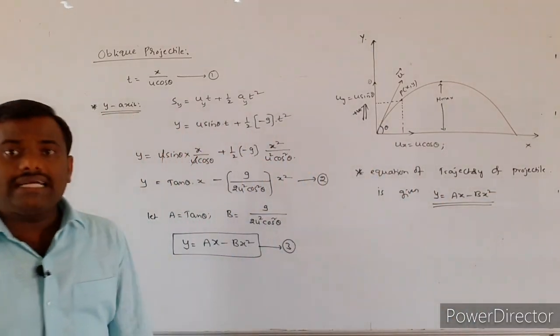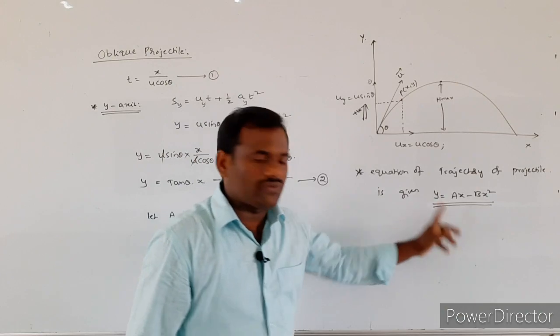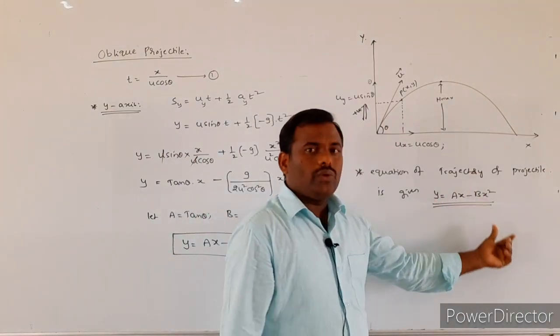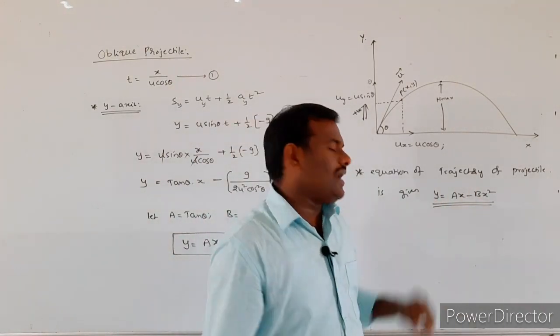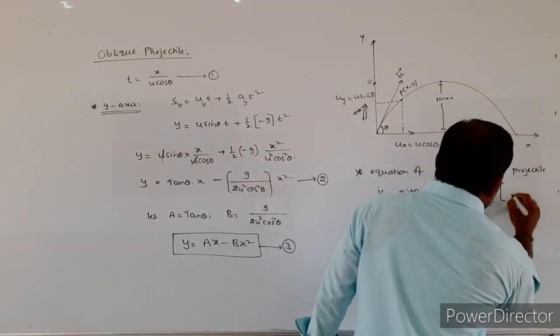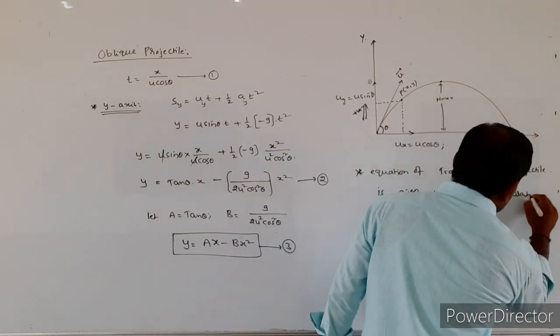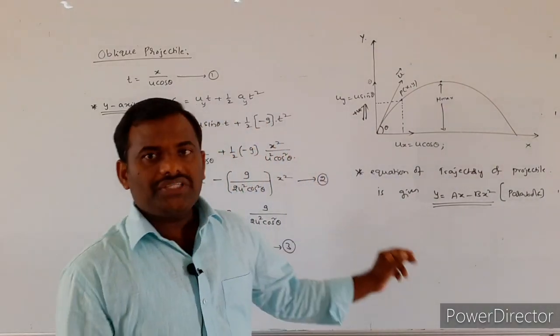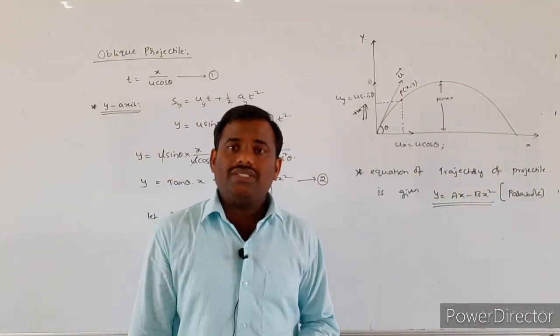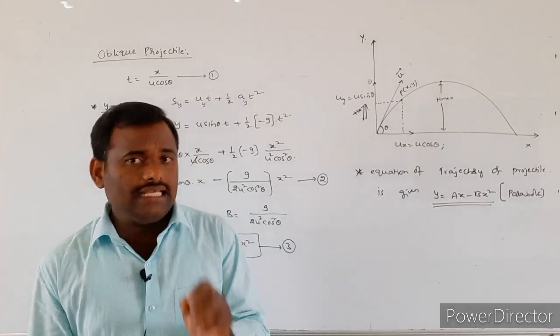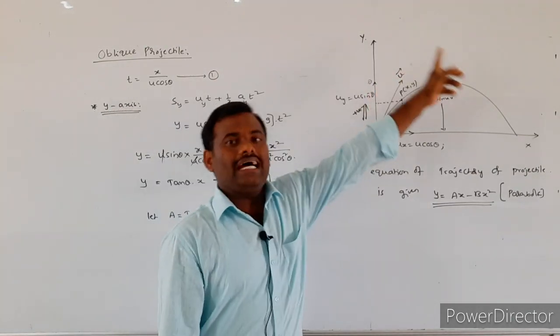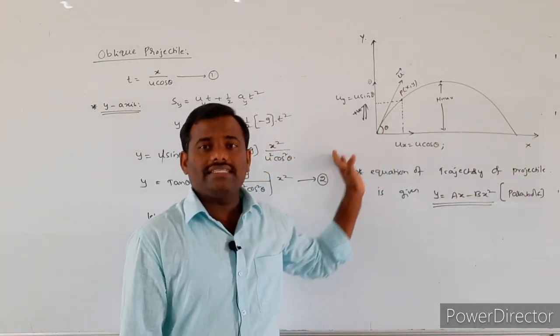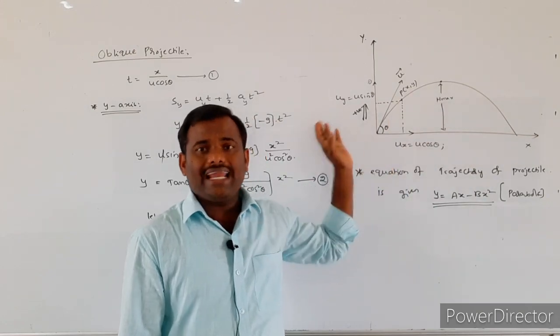Y is equal to ax minus bx square is of parabolic form. So the equation of trajectory is indicating a parabolic path.